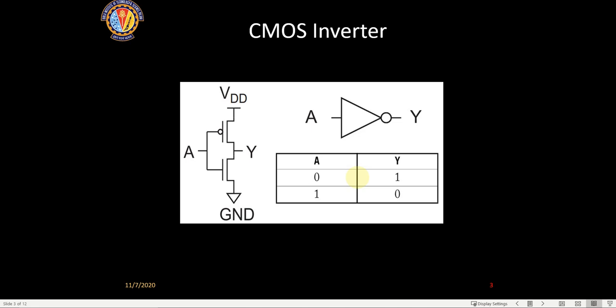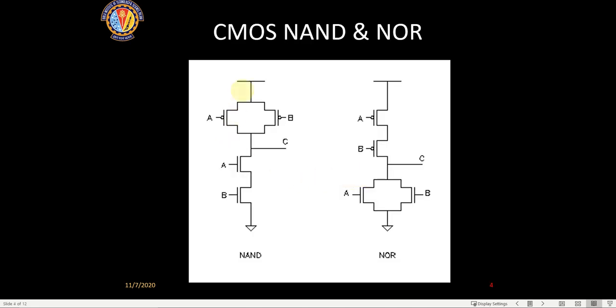Now we will build upon that. This is how a NAND works. There are 4 transistors. Now, what happens if A is equal to 0 and B is equal to 0? Can anybody say what the output will be?